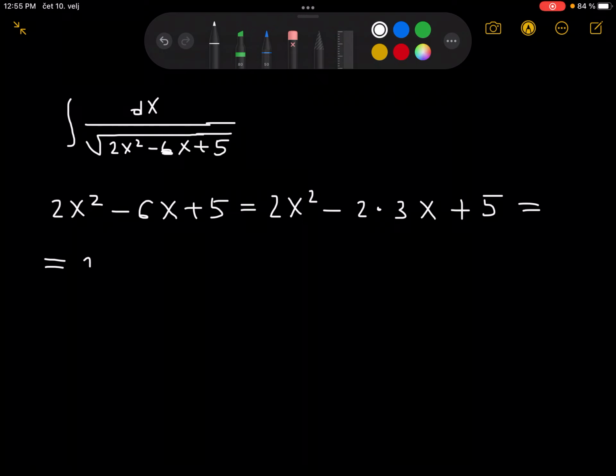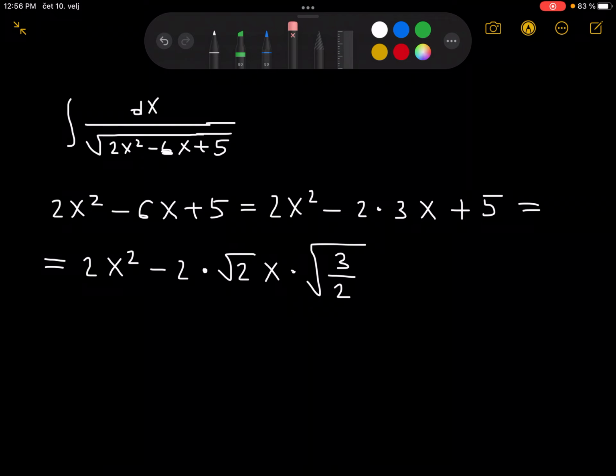So 2x squared minus 2 times square root of 2x times, what can we rewrite this as? Times the square root of 3 over 2.